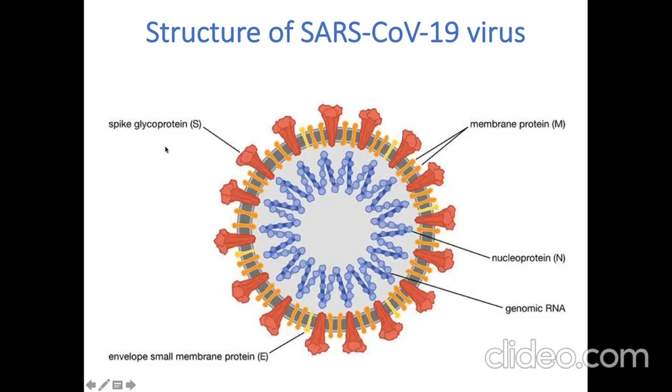Some of the proteins act as a receptor for the entrance, for example spike glycoprotein and envelope membrane protein, while within this envelope is present the genetic material of the SARS-CoV-2 virus, the coronavirus. Coronavirus is basically an RNA-based virus, and this genome is associated with nucleoprotein particles which protect this genome.